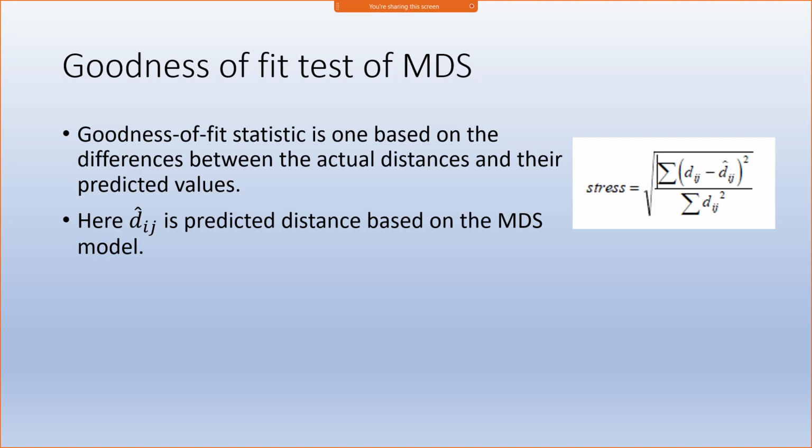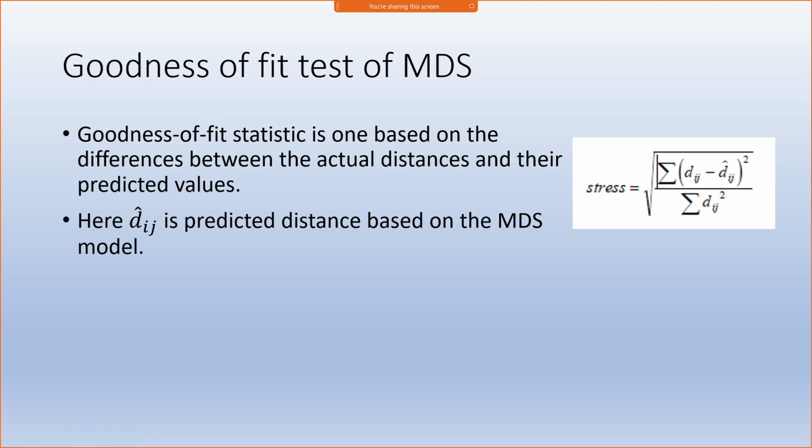So how do you test if the analysis is good? You can do a goodness of fit test for multidimensional scaling. So this is where dij hat is the predicted distance, and d is the observed distance.